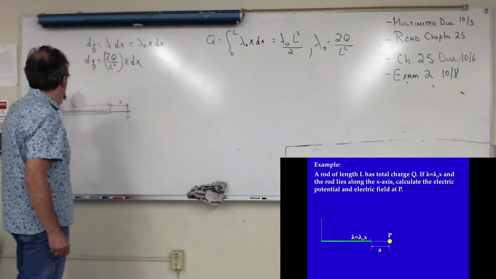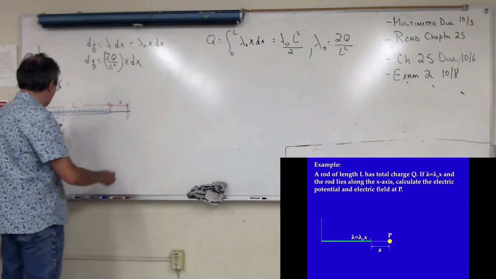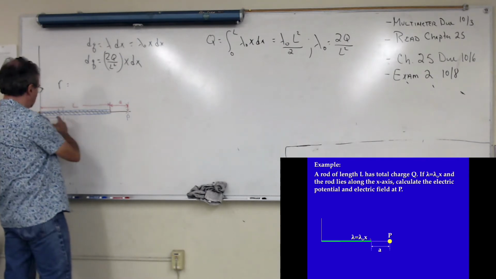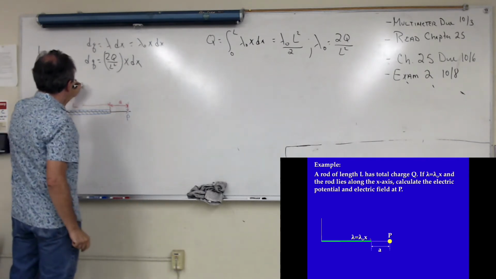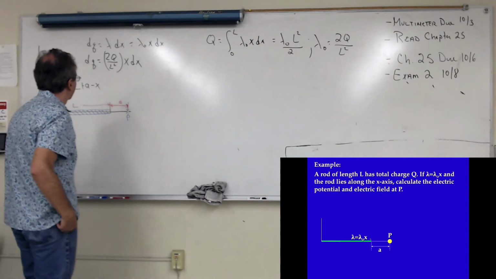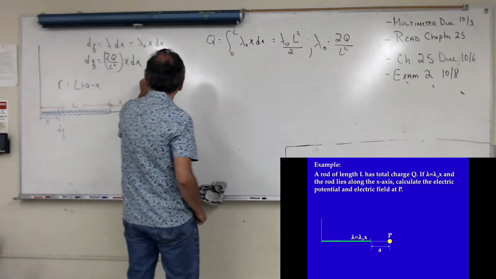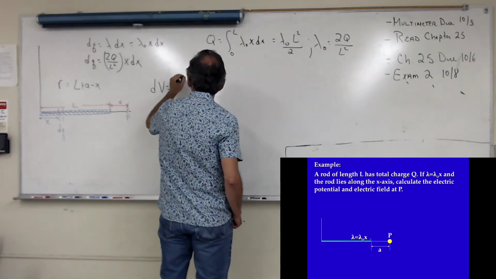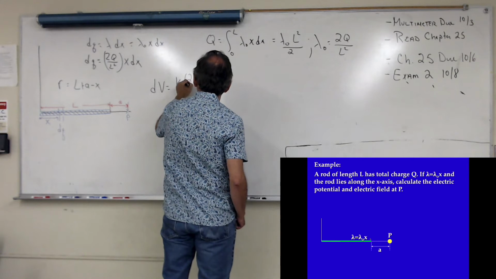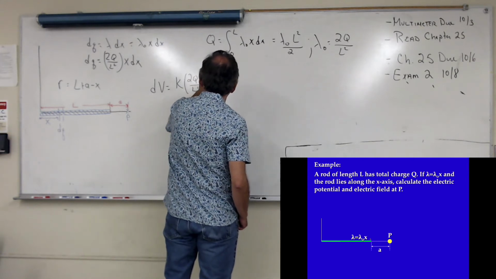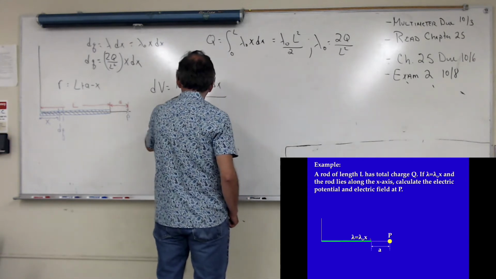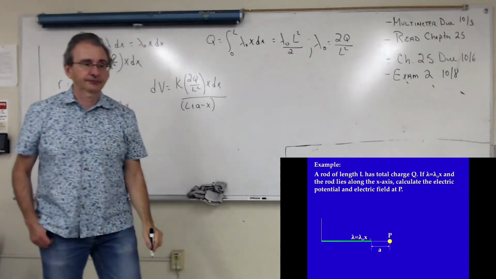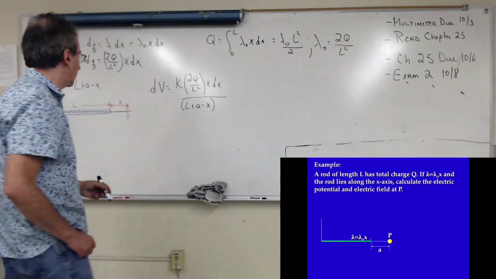Now, what's our R? Well, R is this distance, so it's going to be L plus A minus x. So then dV, okay, dq, then all I got to do is integrate over the length of the rod.